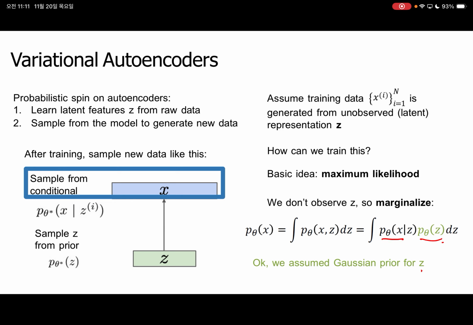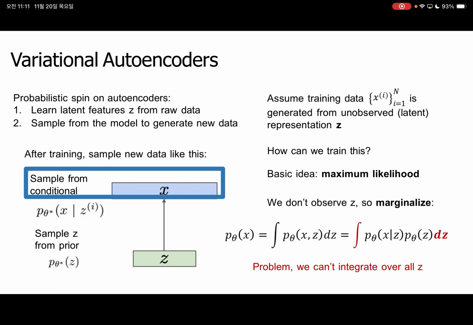So we know both things: this one is the decoder, and this one is the normal Gaussian distribution. The problem is that we can't integrate over all Z. There can be many Z. Z is just a random vector in a normal Gaussian distribution, so we cannot integrate over all possible Z.